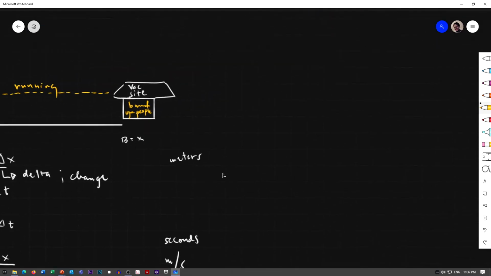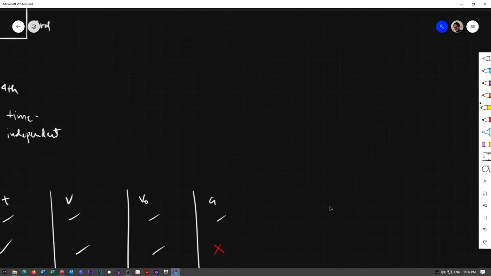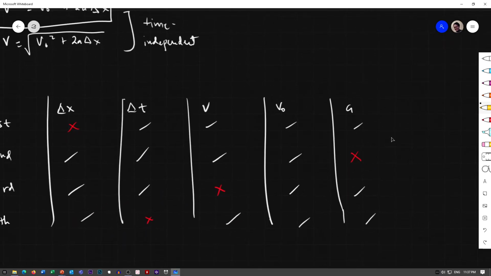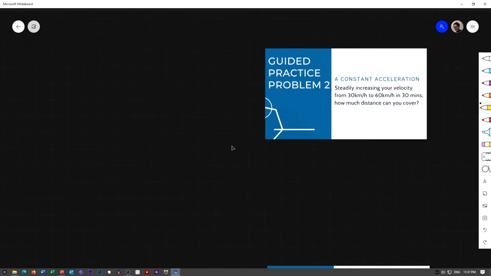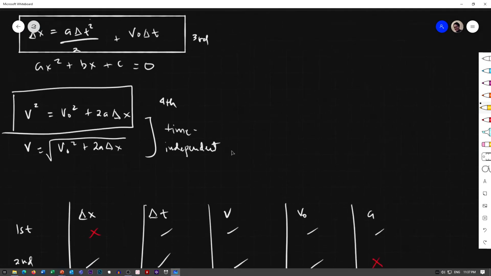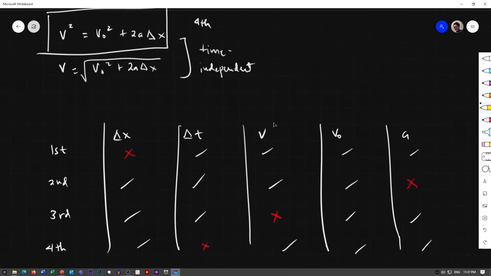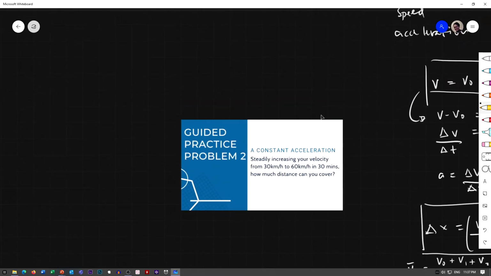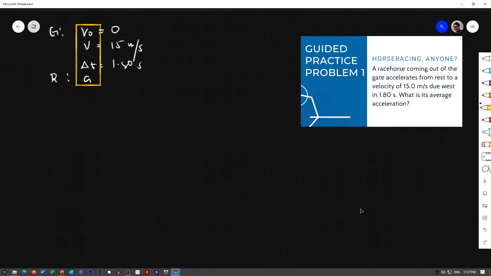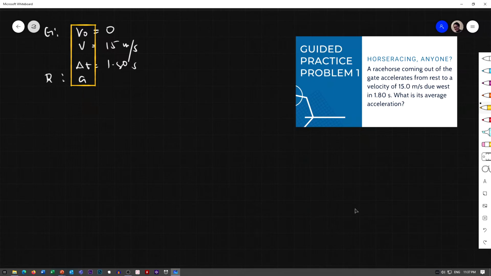Going back to our table, we have v sub 0, delta t, and a, which means we're going to use the first equation. You got that? Check again. There. So you have v sub 0, delta t, and a, so for your equation, you're going to use the first one.